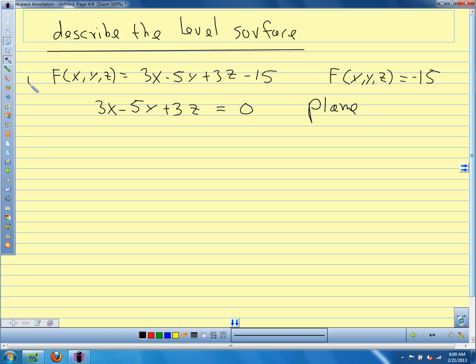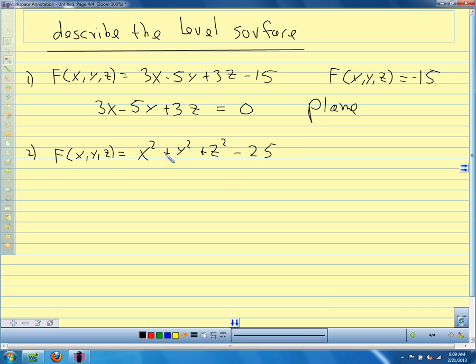How about f of x, y, z equals x squared plus y squared plus z squared minus 25. This would be a sphere, right?